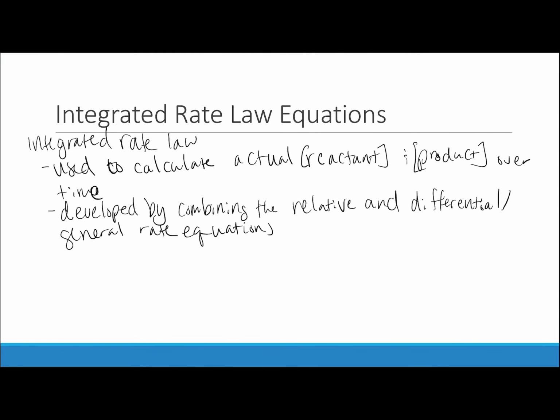Okay. Now, as a note, each one of our integrated rate laws is going to be based on the overall reaction order. So there'll be different forms based on whether it's first order, second order, or zeroth order.